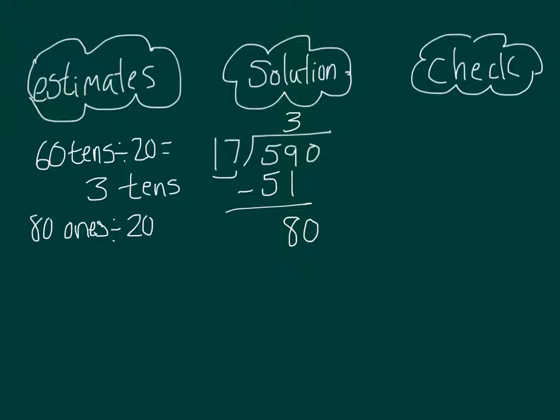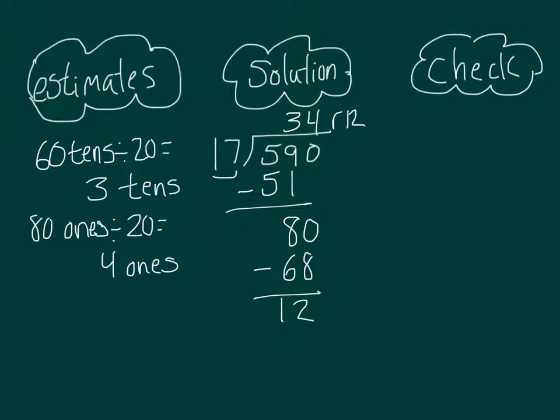And 81s divided by 20 is equal to 4 ones. So going back to our solution, let's put 4 in the ones place. 4 times 17 is 68. Let's do our subtraction. We've got 12 ones left over, so that's our remainder.